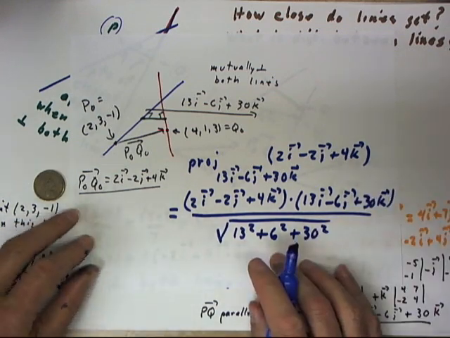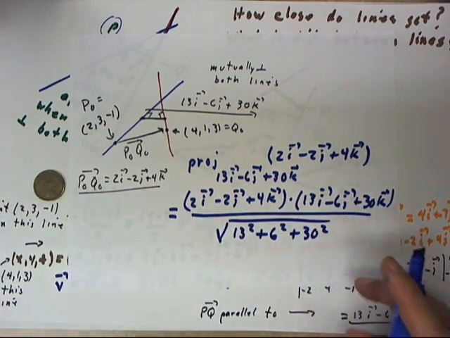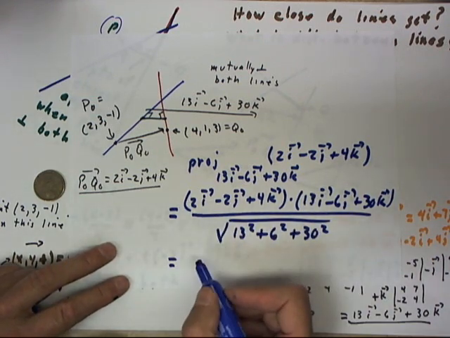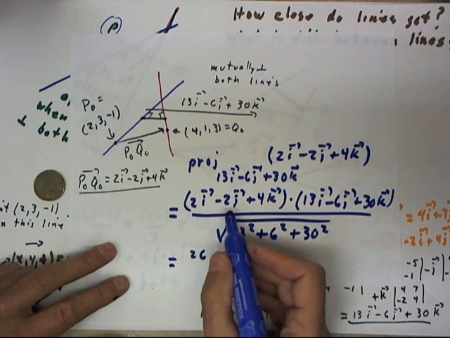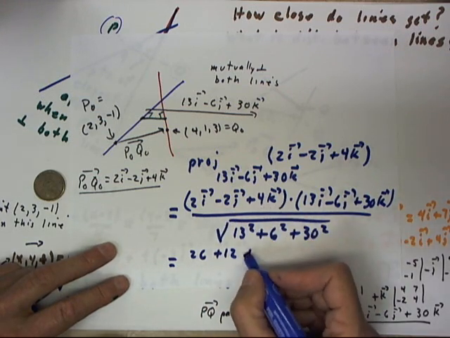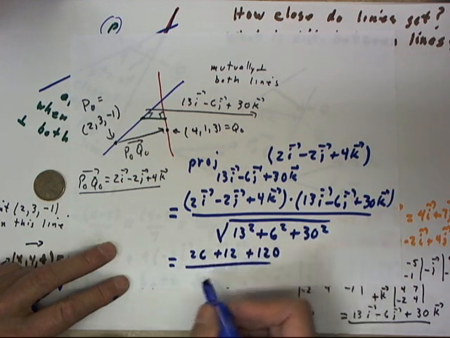Okay, well, the magnitude of this vector is found by the Pythagorean theorem. The dot product is easy enough. 2 times 13 is 26. Minus 2 times minus 6 is plus 12. And 4 times 30 is plus 120.